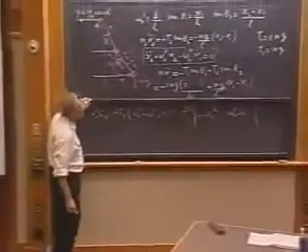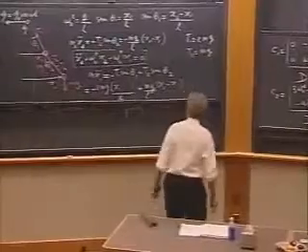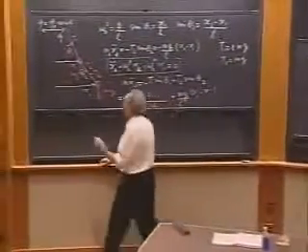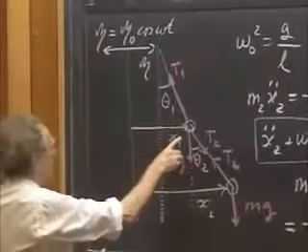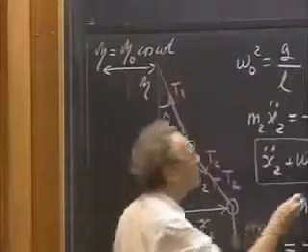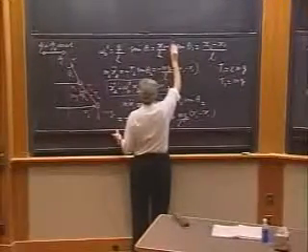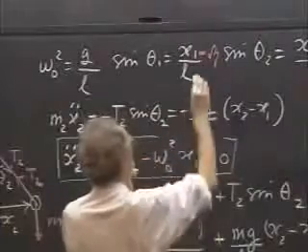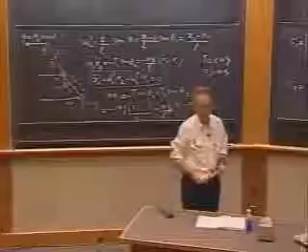What has changed? Well, at first sight, very little has changed. The only thing that has changed now is that the sine of theta 1 is now x1 minus eta divided by L. So I have here a minus eta. It looks rather innocent, but the consequences will be unbelievable.